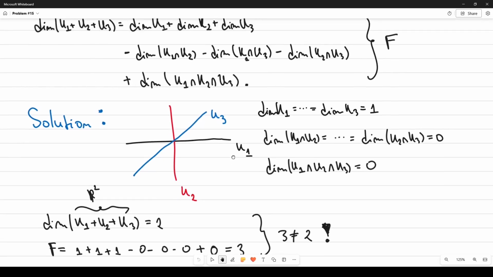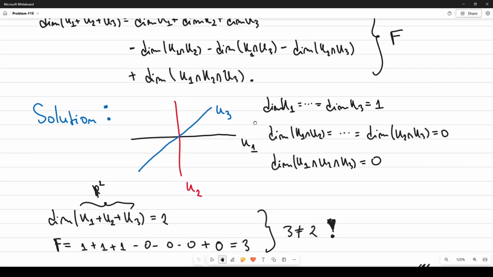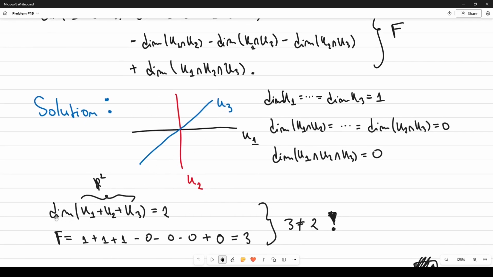And now when we try to calculate using this expression, we can see from this example that the dimension of the sum of these subspaces, when I sum up these subspaces, I end up with the real plane, R squared. So the dimension of the sum of these subspaces is 2.